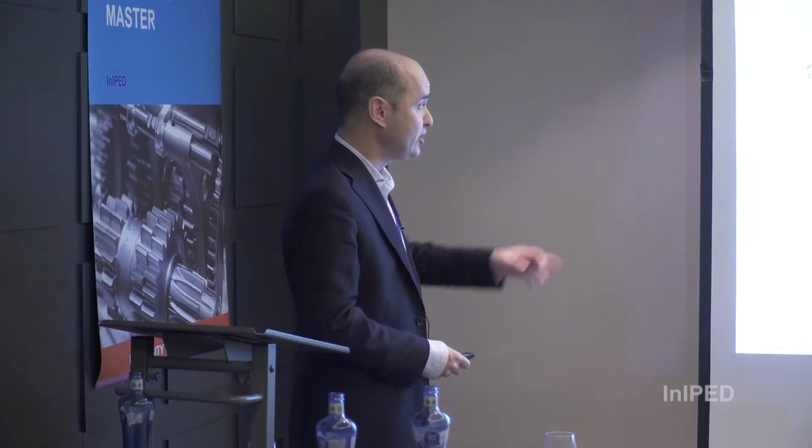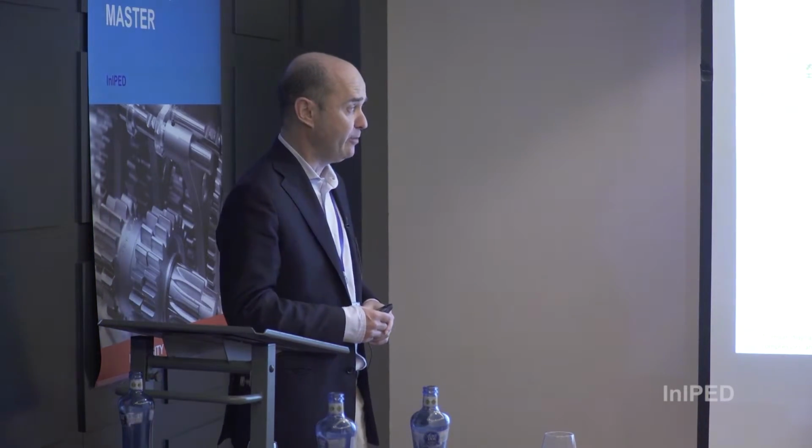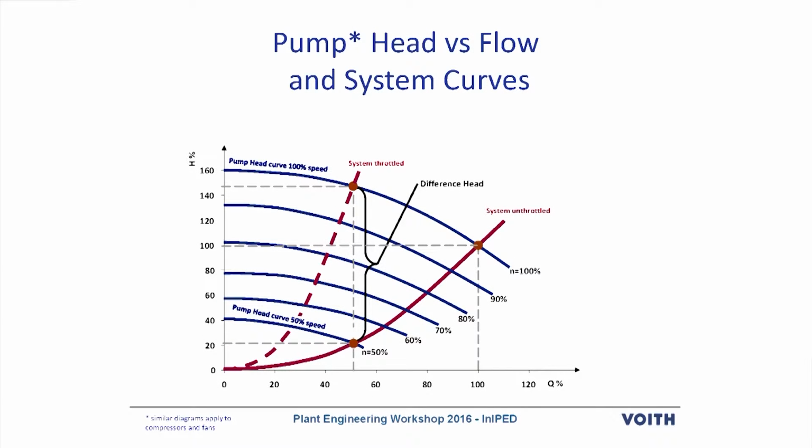So this is the typical head versus flow rate characteristic curve of a pump. This is a possible resistance curve of a plant. So the operating point will be given by the intersection of the pump available head versus flow rate against the resistance of the plant.